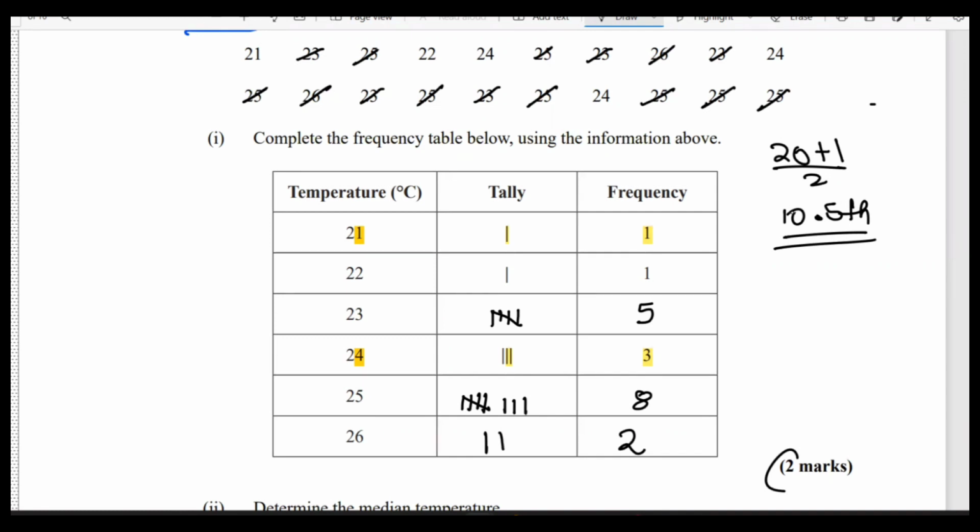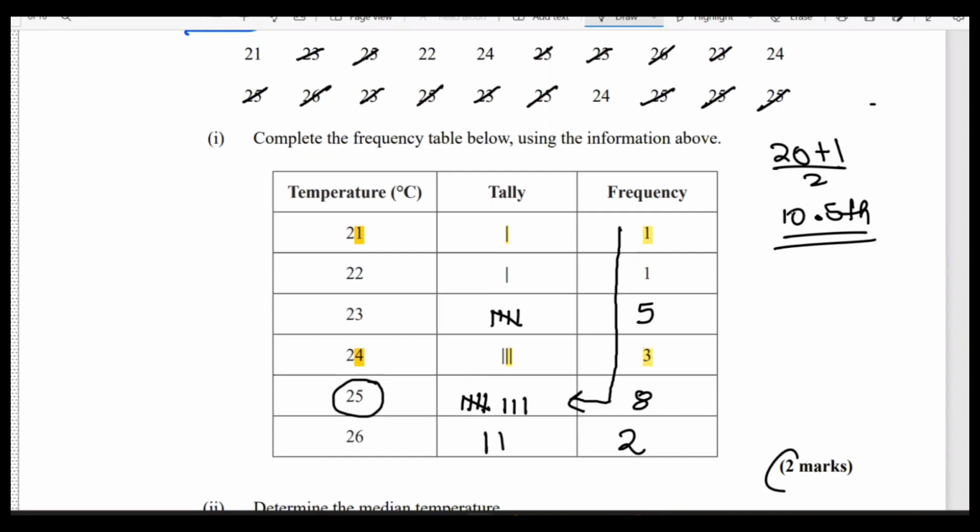Let's say I'm going down the table. We have 1 plus 1, that is 2, plus 5, that's 7, plus 3, that's 10. Then when I add 1 more, I would have passed 10.5. So this tells me the median is somewhere here, so I'm going to stop. I'm pointing at 25 because the median is a temperature.